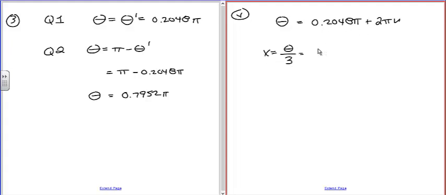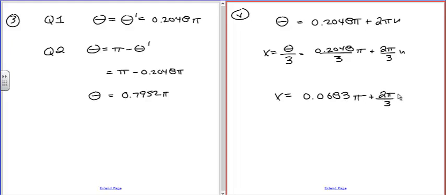So what I'm going to do here is take all of these decimal things and divide by 3 to get x. So if you take 0.2048 and divide by 3, you'll get 0.0683 pi plus, I'm just going to leave it as 2 pi over 3 n.